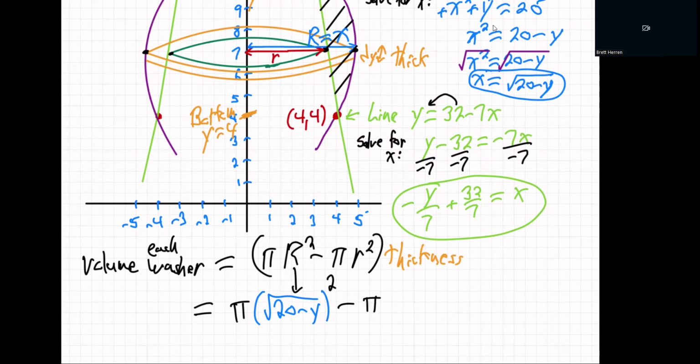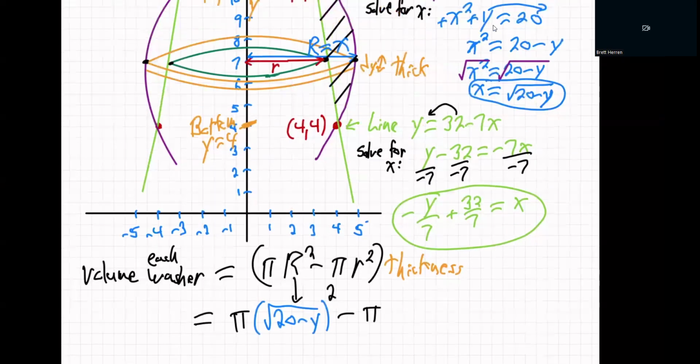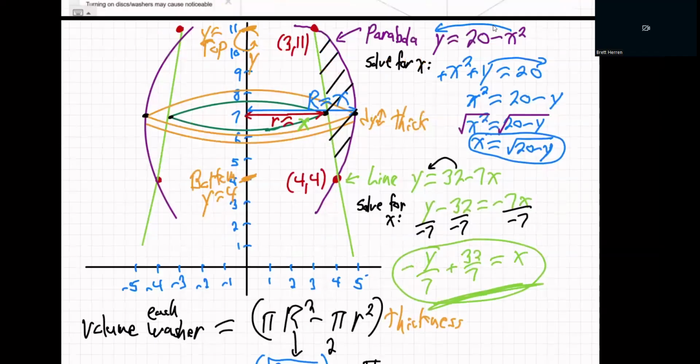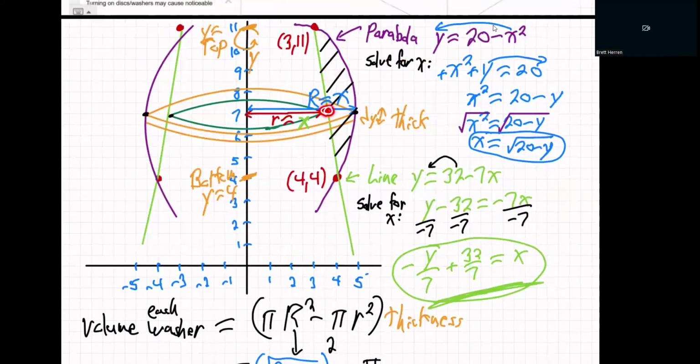Minus pi. And now the little radius. What's the little radius? Little radius is right there. Now that's again going to be the x value, because it's over. But it's the x value to that line. In fact, let me just change the color for clarity. It's this x value, right? Because whenever you go, if I was to find this point, I'd go over x, up y, and so the over is x. It's the x value to this line, which is that right there.